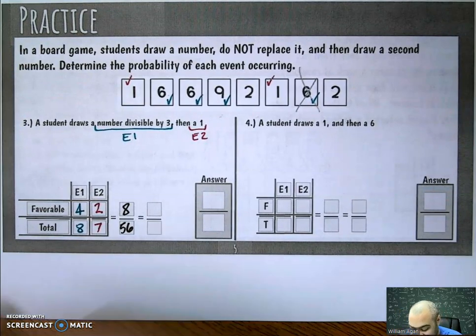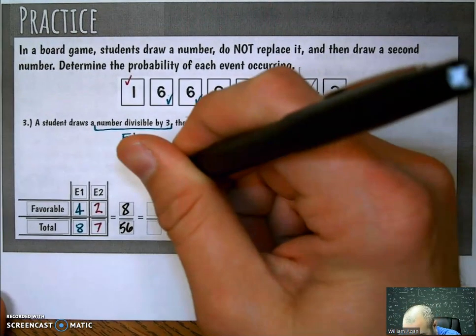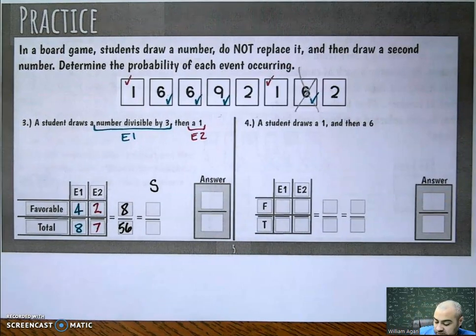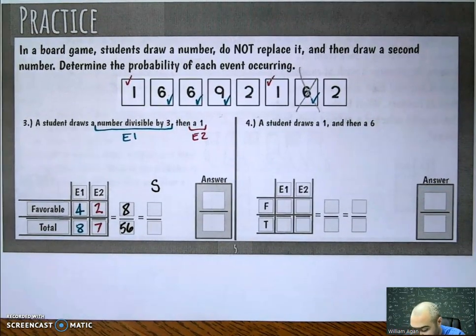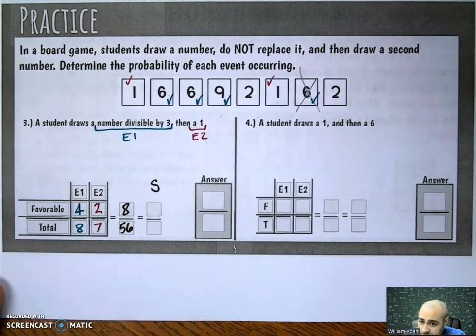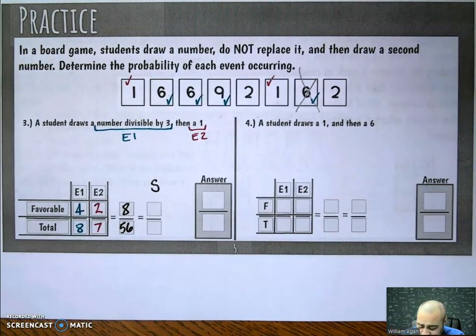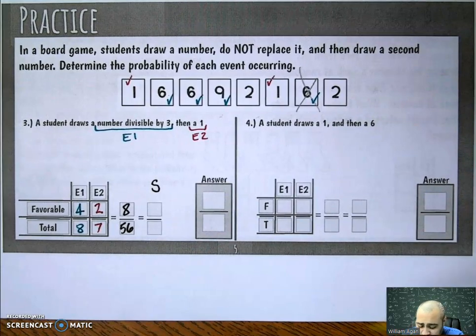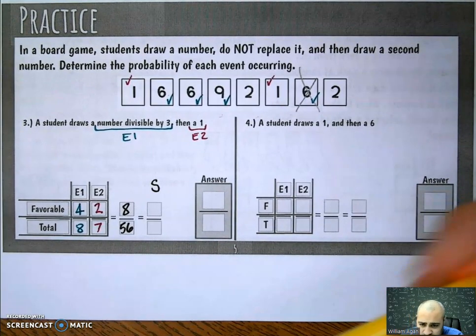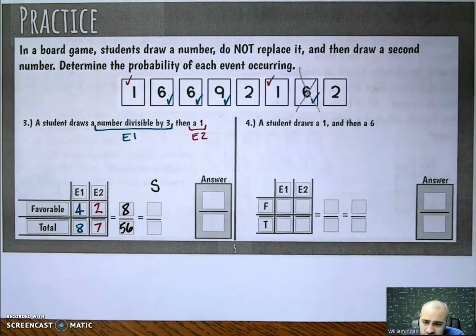Okay, but then that's not my final answer. I need to simplify. Okay, so what can I simplify by? They're both even numbers, so I could divide them both by 2, but there's an even better option. Okay, if you get stuck, you can simplify as many times as you want. If you want to keep going by 2 and then by 2 again, then by 2 again, that's fine.